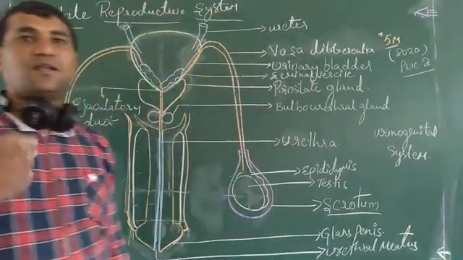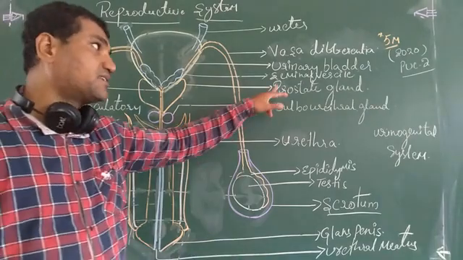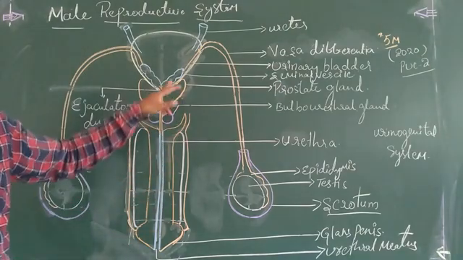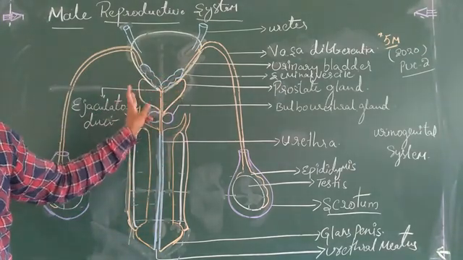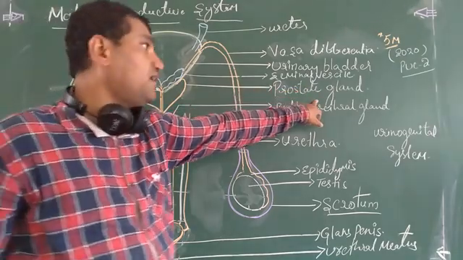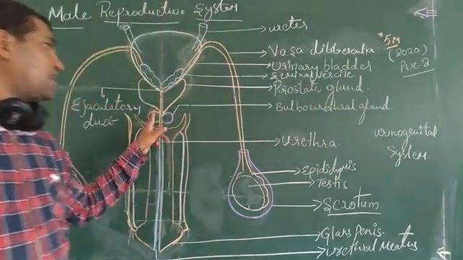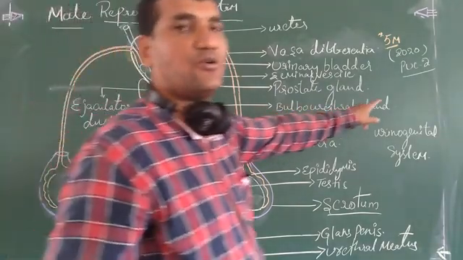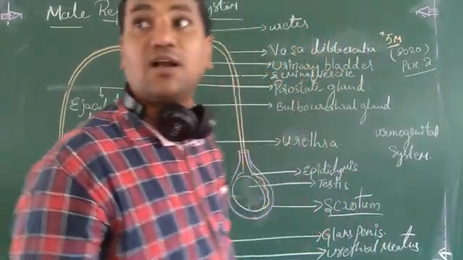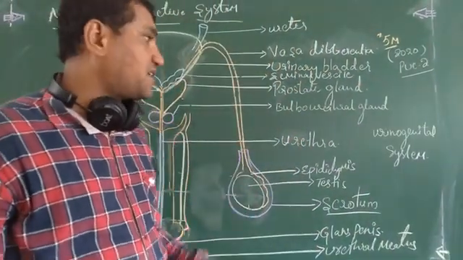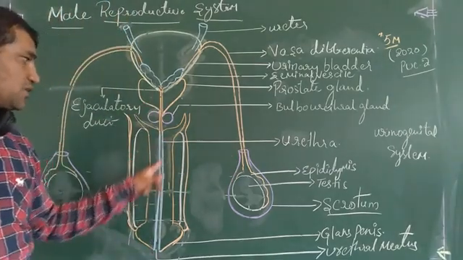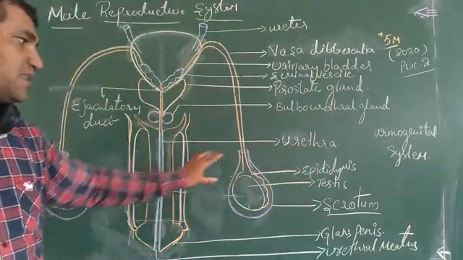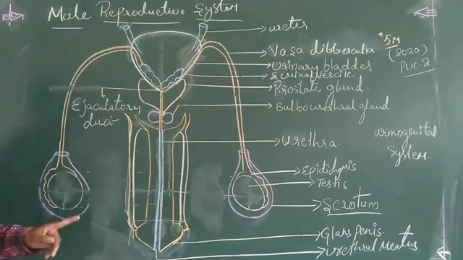The seminal vesicles have a duct called the seminal duct, and just below this, at the end of the urinary bladder, we see a leaf-like gland called the prostate gland. Just below the prostate gland, on either side of the urethra, we see pea-shaped glands called bulbourethral glands, also called Cowper's glands. You can see the tube running from the penis is called the urethra, and these are a pair of testes.